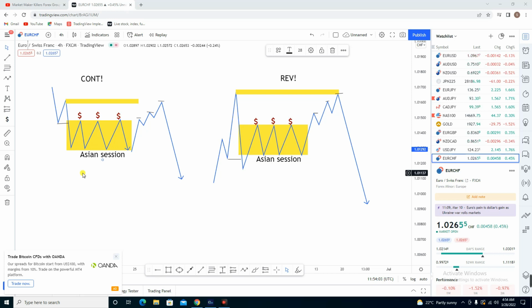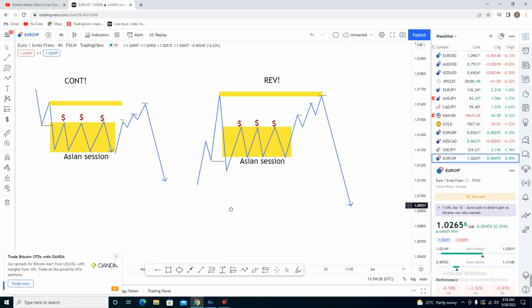Now I'm going to show you an example of how you can look for trades after the Asian session. Remember, my best trading sessions are the London session and the New York session. This example is something you can keep an eye out for during the Asian, London or New York session.